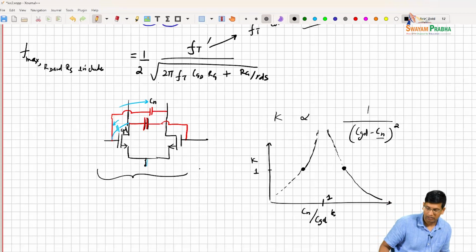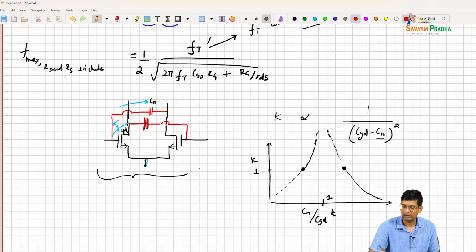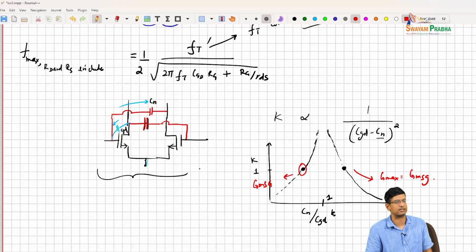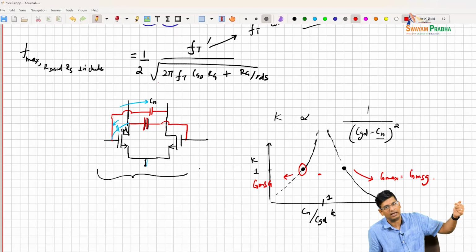But when you run this, what you also see is that up to this point, there is no concept of Gmax, right? So all you have up to this point is maximum stable gain, right, over here. So Gmax is normally just GMSG, because k is less than 1, so you don't have Gmax. And over here you have Gmax, but we already saw that in situations where k gets to be very, very high, Gmax will basically start dropping, right?